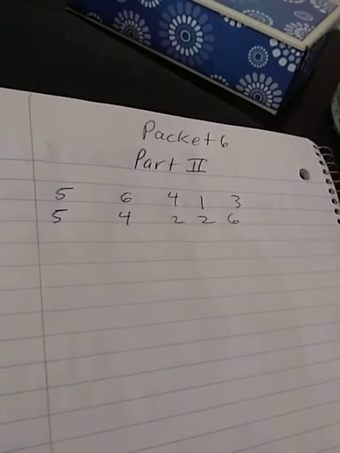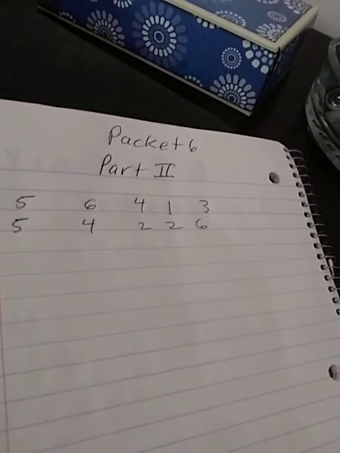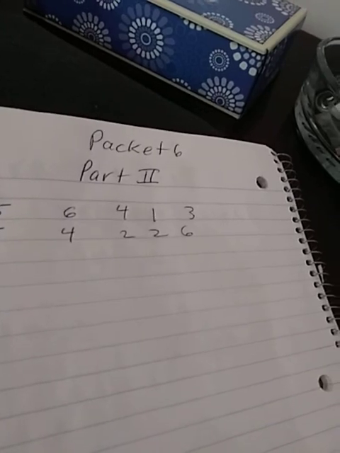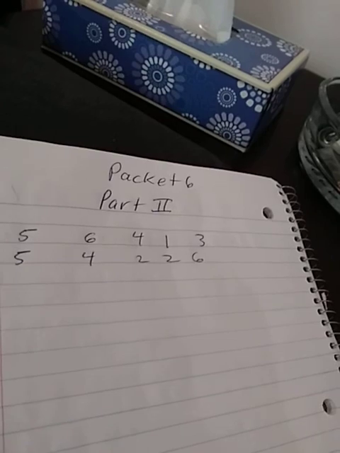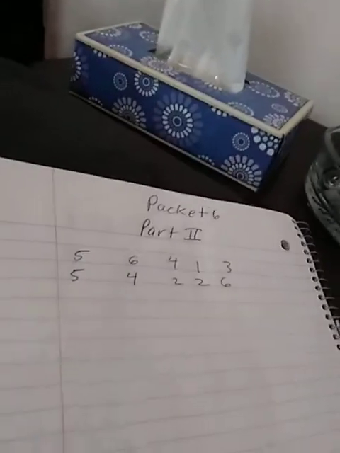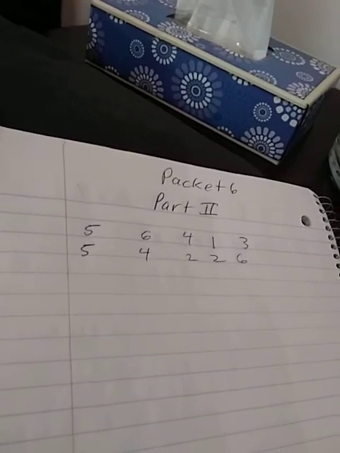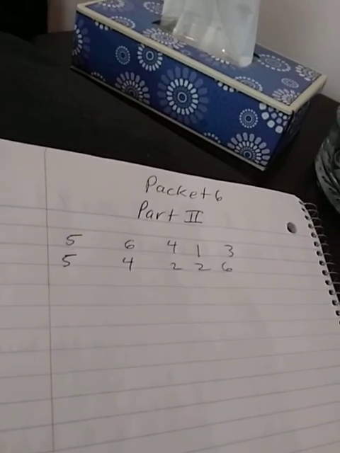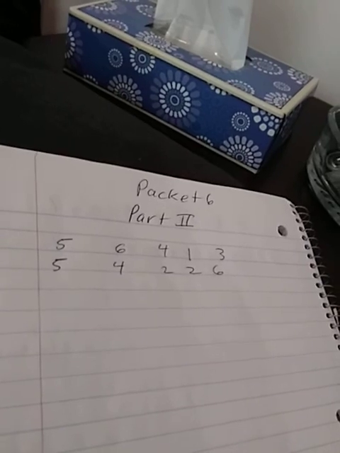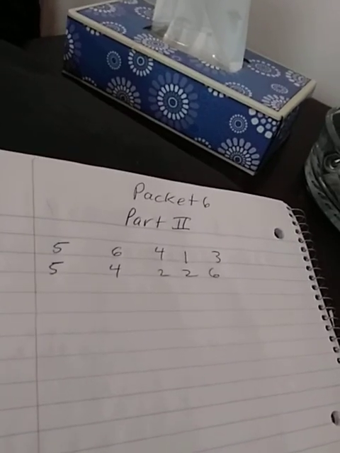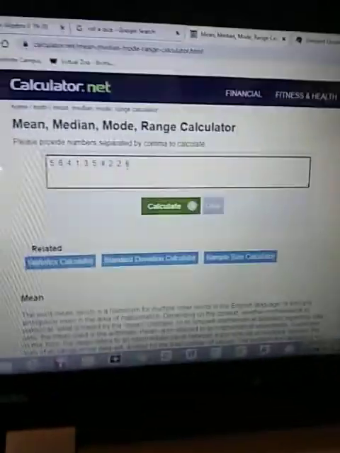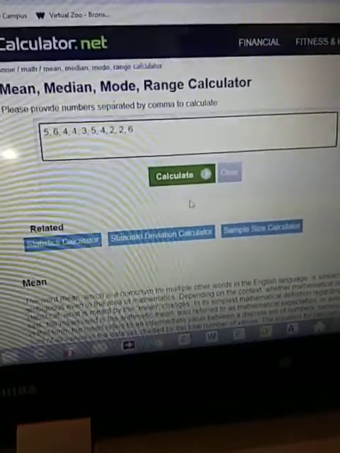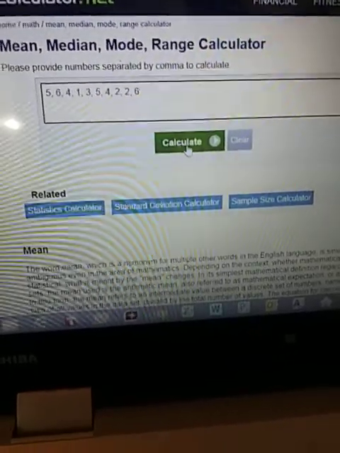Okay, 5, 6, 4, 1, 3, 5, 4, 2, 2, and 6. So I have my numbers, commas, and spaced out correctly. Calculate.